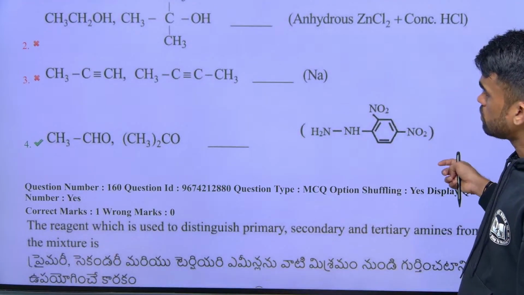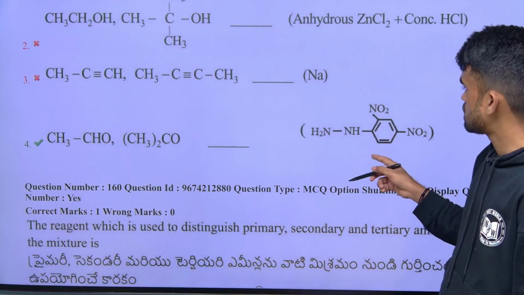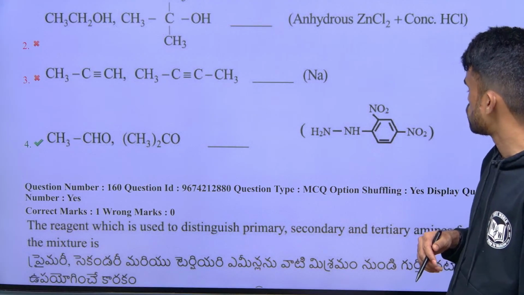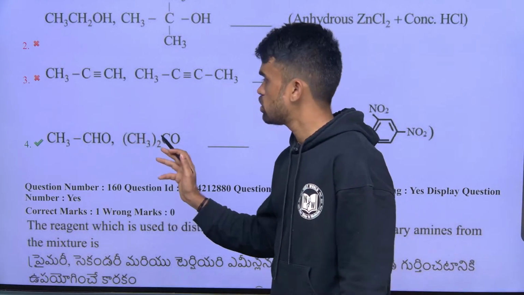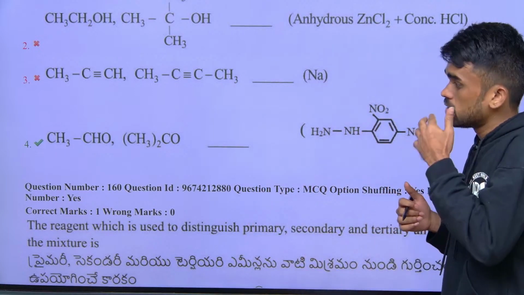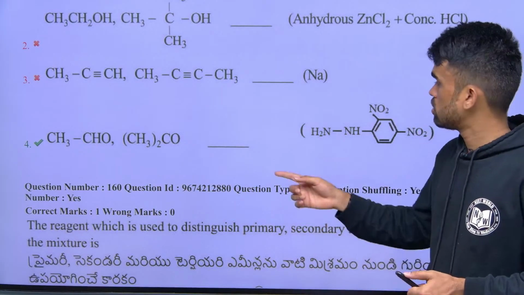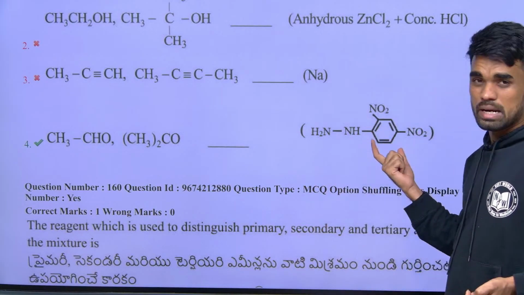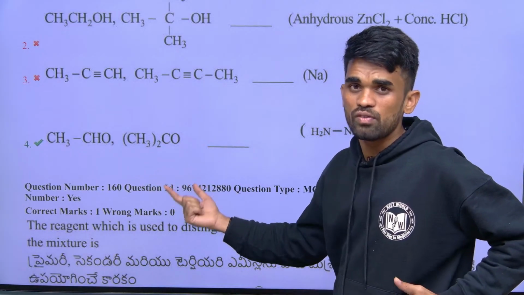Okay, so now when it comes to the 2,4-DNP test, this is 2,4-dinitrophenylhydrazine. Both aldehydes and ketones can react with this 2,4-DNP reagent. Therefore we cannot distinguish them because both of them are reactive. So this is not the perfect one to distinguish these, because both will react and form the product.